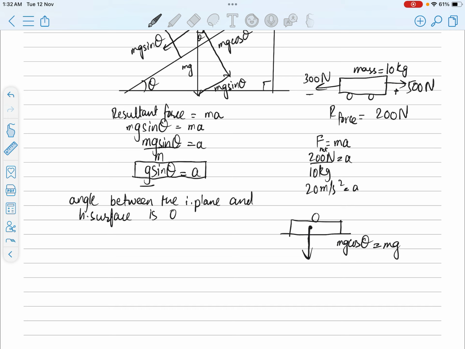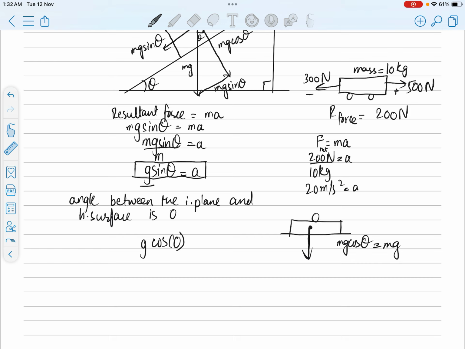This is because we know that the perpendicular component equals g cos theta. What is g cos 0? Cos 0 is 1.